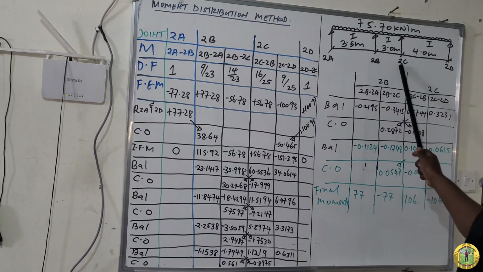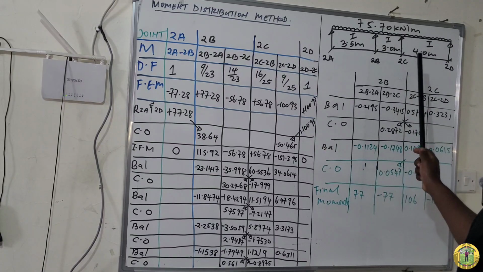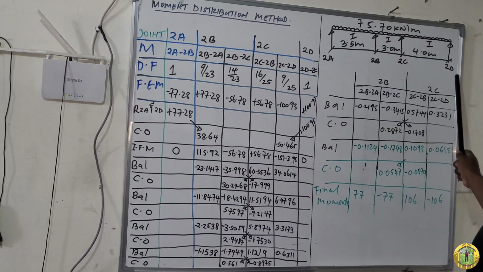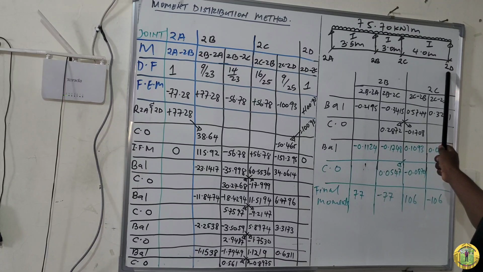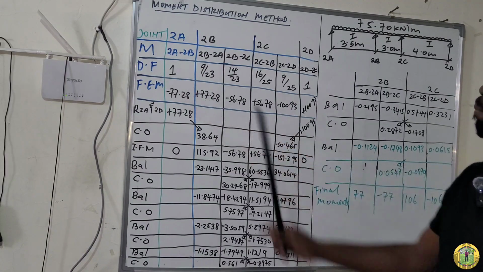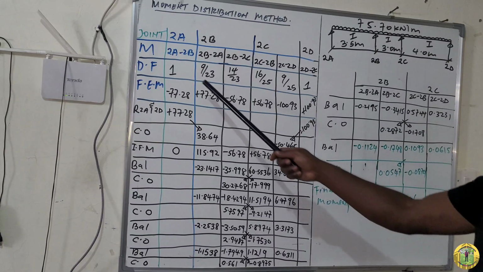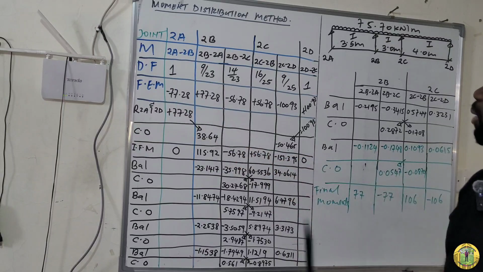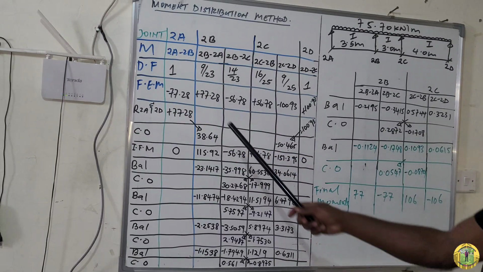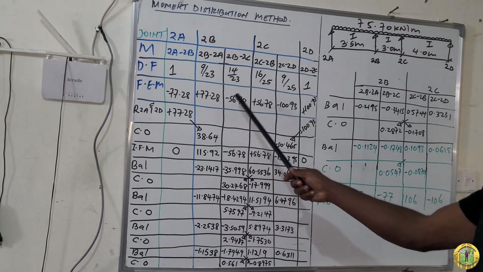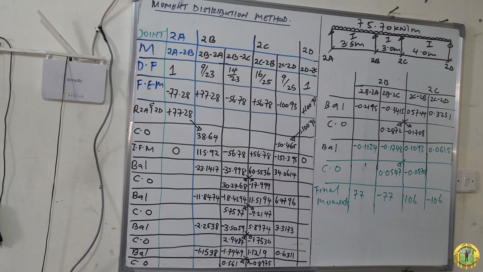Joint 2C, you have member 2C 2B and member 2C 2D. And then you come to joint 2D, we have member 2D 2C. And then we come to distribution factor. We have already calculated this, and just pick the values and write where they belong. And then again, we come to fixed end moment. We already have this, so you just pick them and write to their respective column.